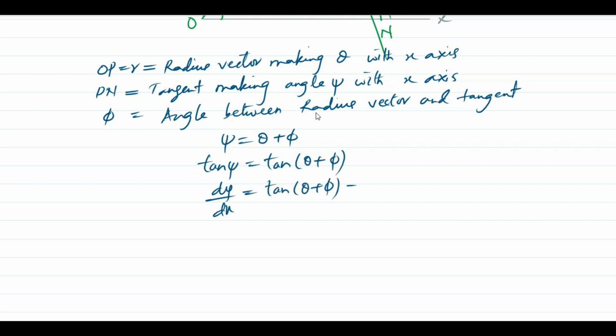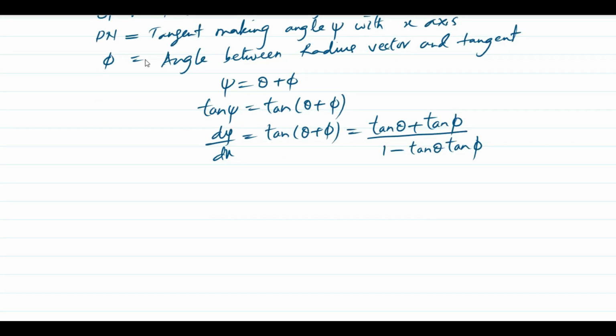And from the trigonometry formula, tan of a plus b is equal to tan a plus tan b upon 1 minus tan a into tan b, we can write tan of theta plus phi as tan theta plus tan phi whole divided by 1 minus tan theta into tan phi.